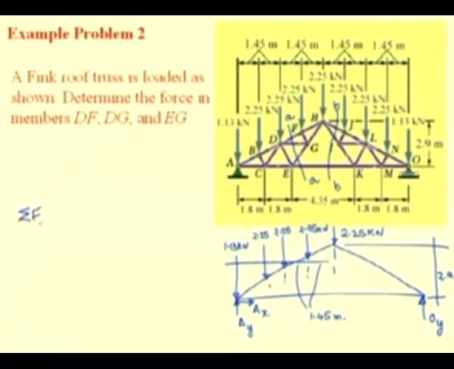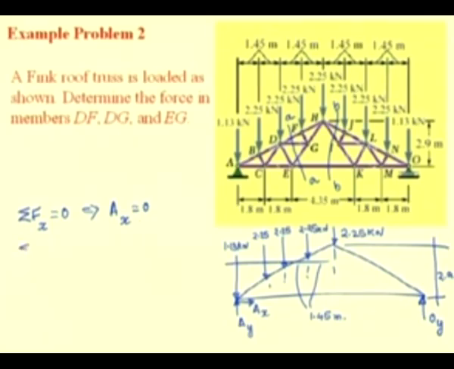If we use this equation sigma Fx equal to 0, this results in Ax to be 0, because all the applied loads are vertical in nature and we do not have a horizontal load. So, the horizontal reaction also vanishes. So, Ax is 0.